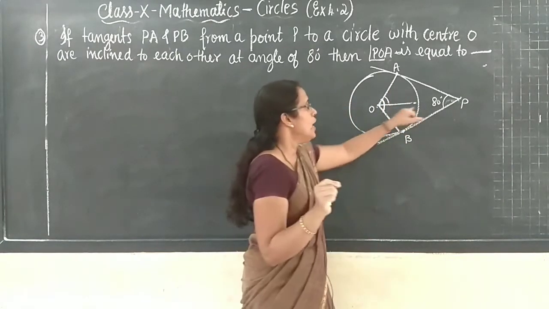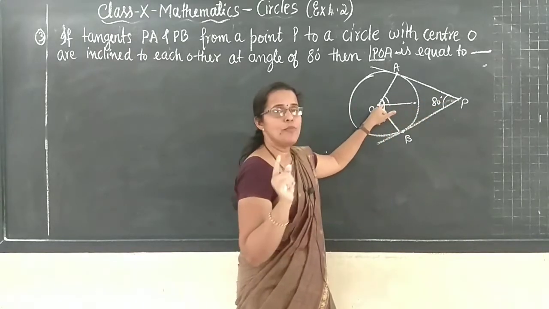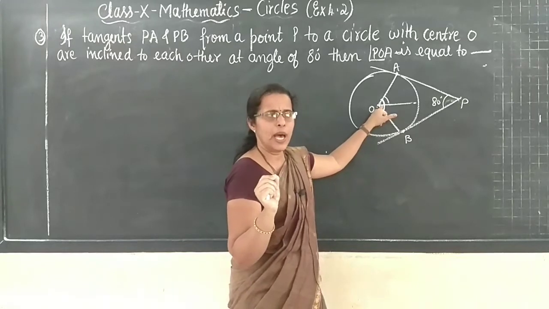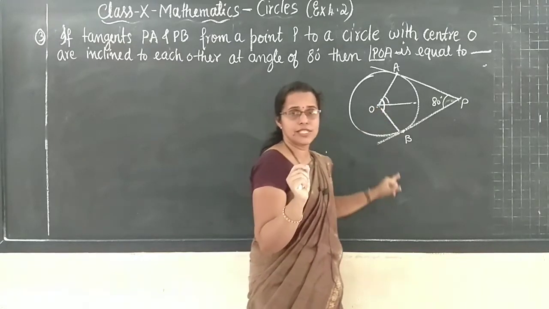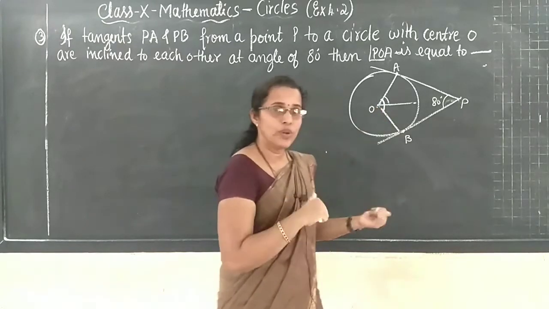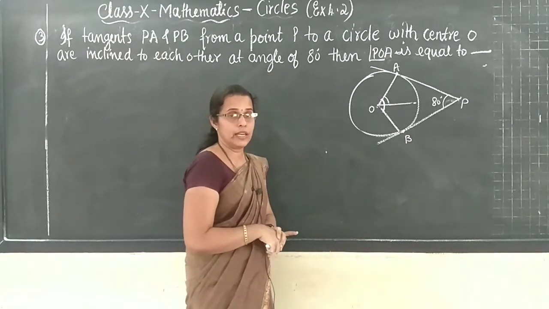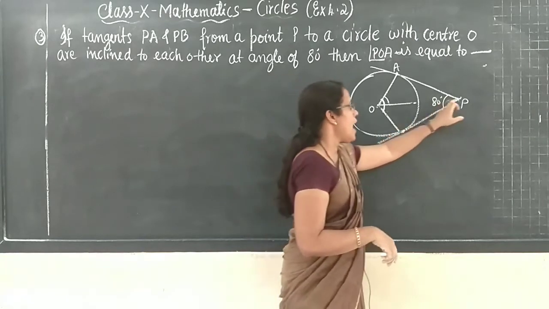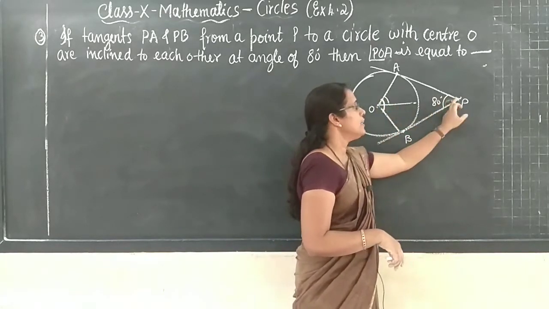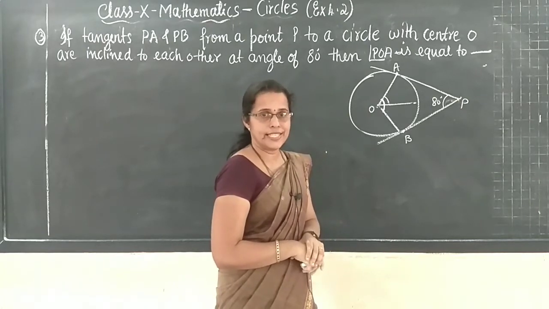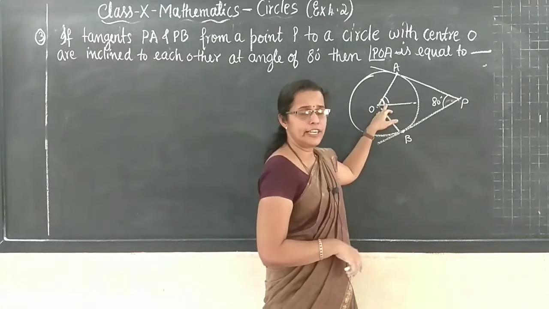Understood, children? This is 80, so how much is this? Yes, you are right, it is 100 degrees. But how does 100 degrees come? That we have to show. The idea of the quadrilateral we can do once again. Otherwise, you are right: the angle at the center and the angle between the tangents are supplementary, 180 degrees, so you can immediately write 100 degrees.